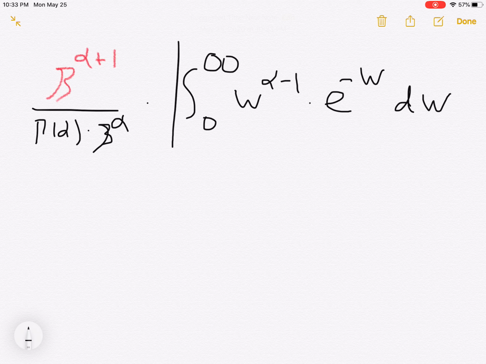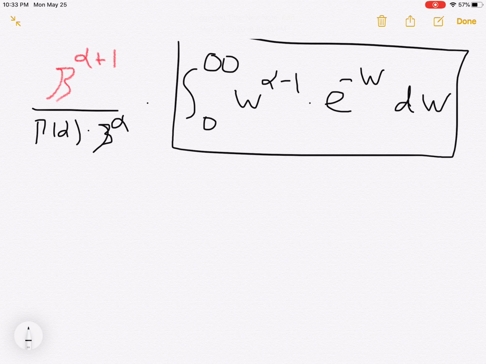Now, if we look at this piece right here, we can actually recognize that.